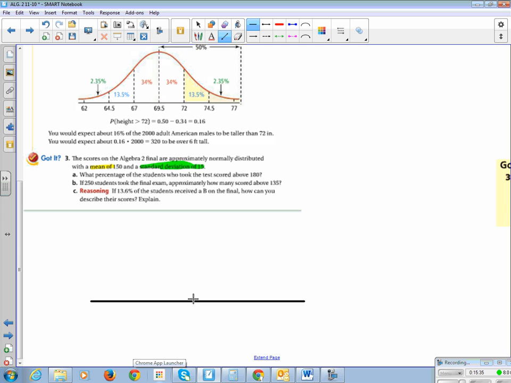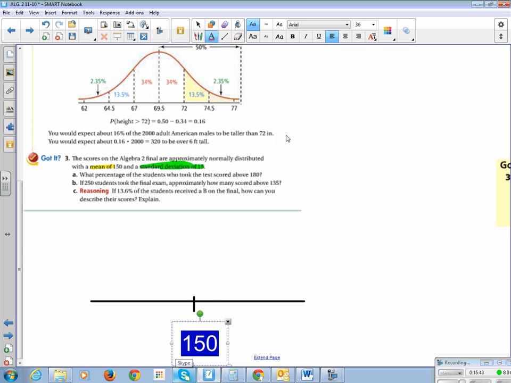We know that our mean is 150. Goes right there. And we know our standard deviation is 15, so then we just add increments of 15.